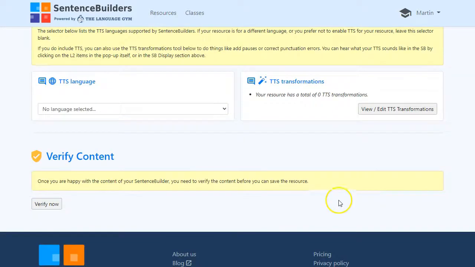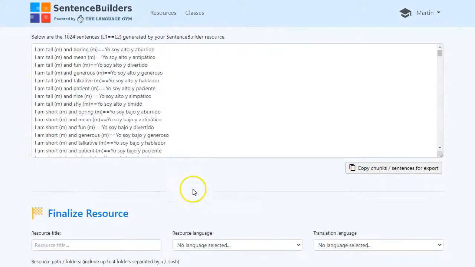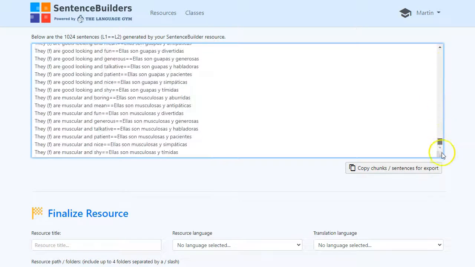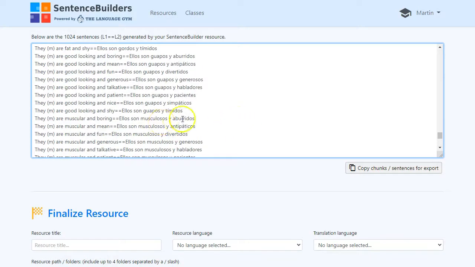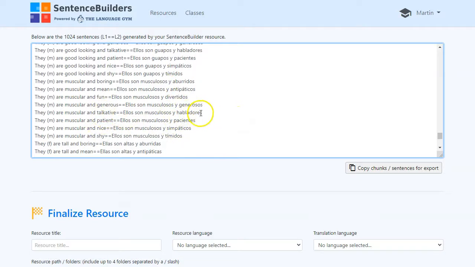But in our sentences, if we verify them, we should find that the plural versions have been changed accordingly. So here we have they, feminine, are muscular and talkative, ellas son musculosas y habladoras. And the masculine version, we'll find that, contains habladores.